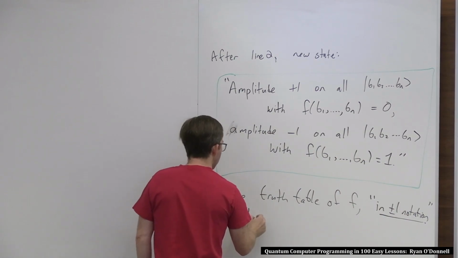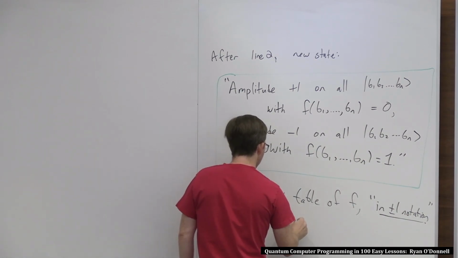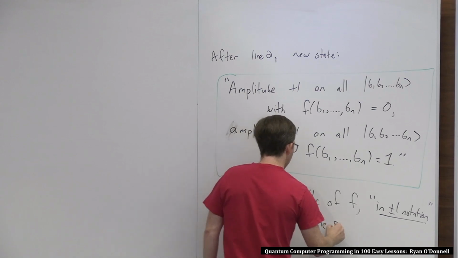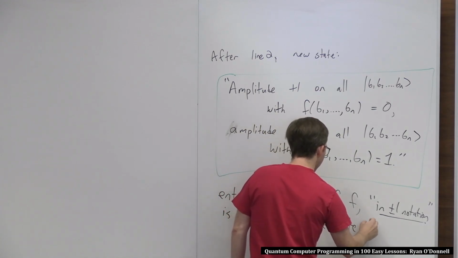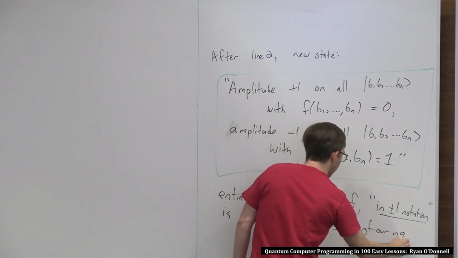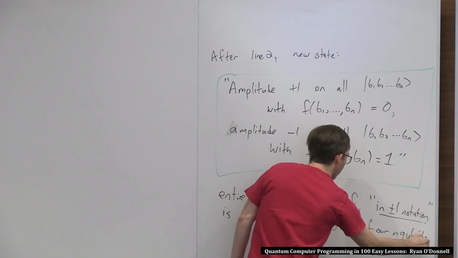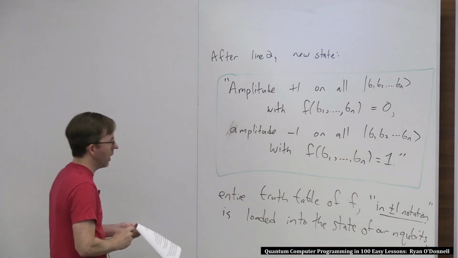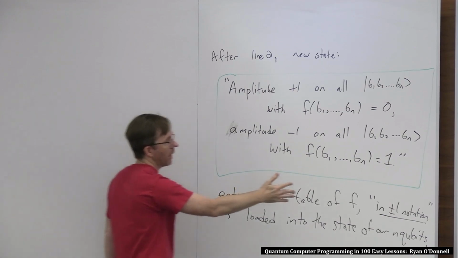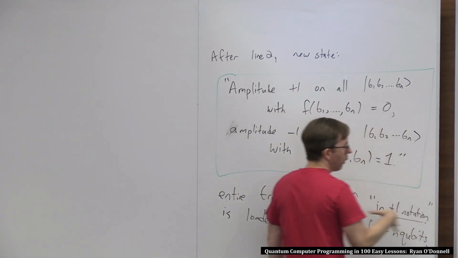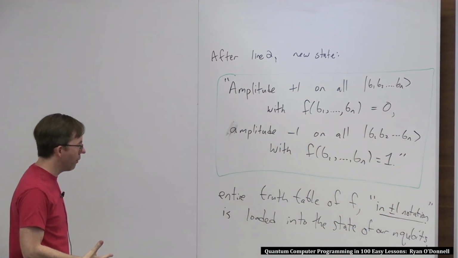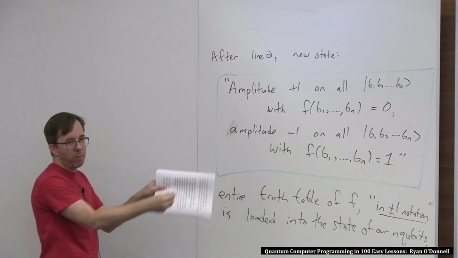Is loaded into the state of our n qubits. I'm going to in fact start saying this phrase to explain what happened after line 1 and line 2. We managed to load the entire truth table of f into the state, into the amplitudes.